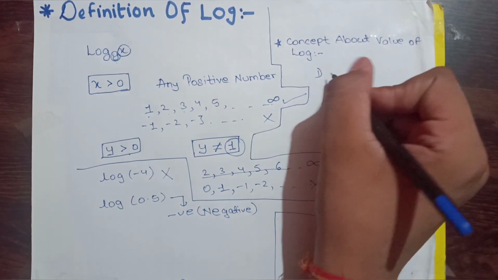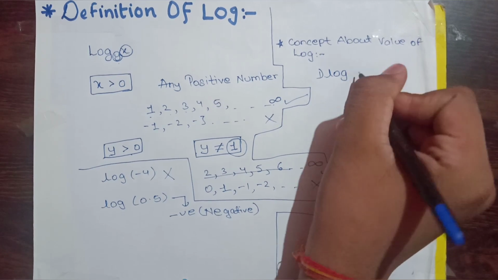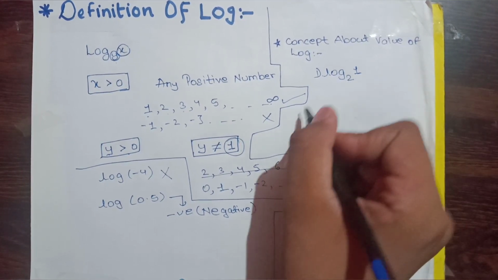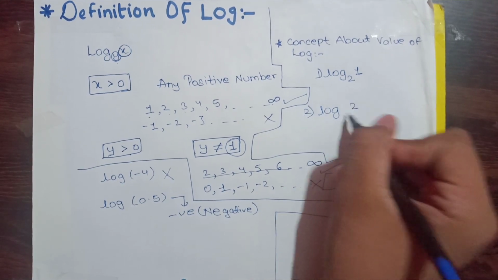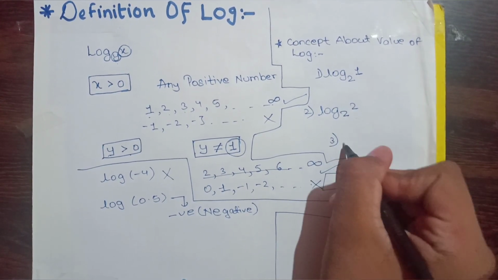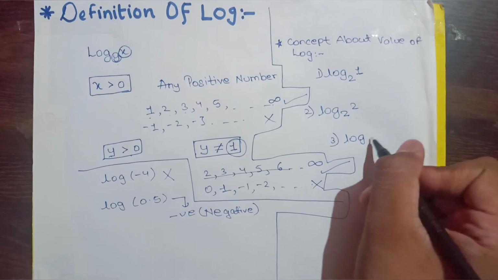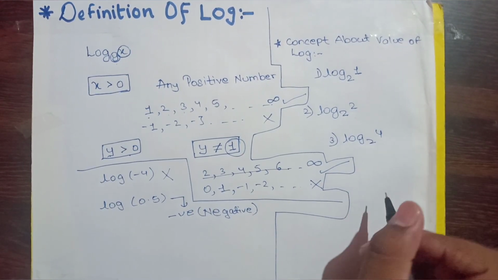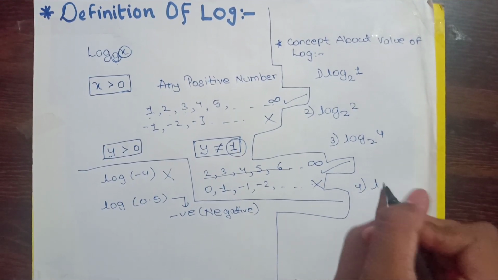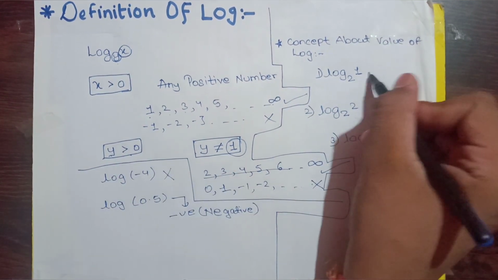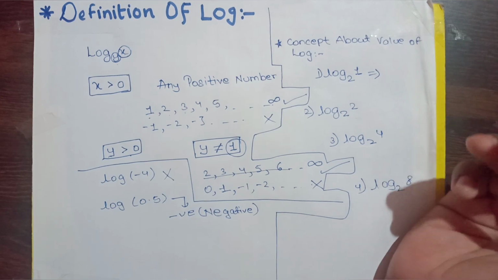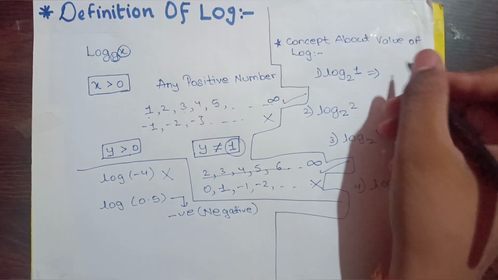So here we would write log 1 to the base 2, second log 2 to the base 2, third log 4 to the base 2, and fourth log 8 to the base 2. So what do you think its answer would be? Just go down and comment in the comment section.